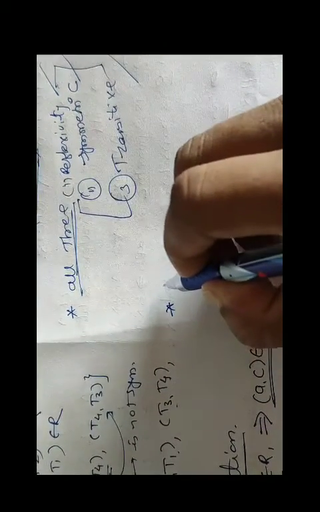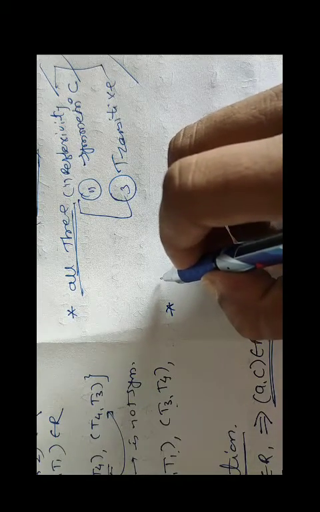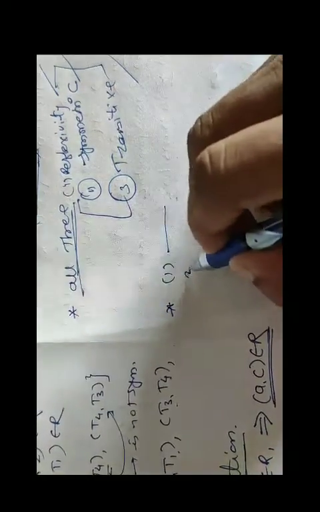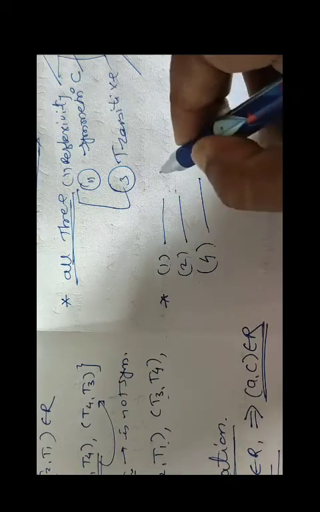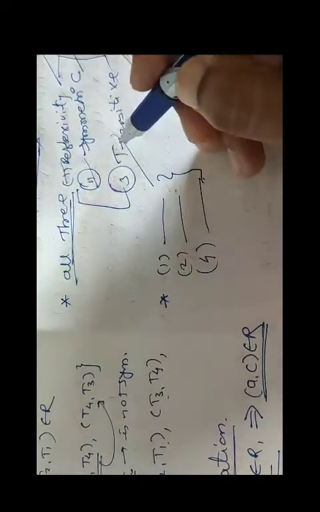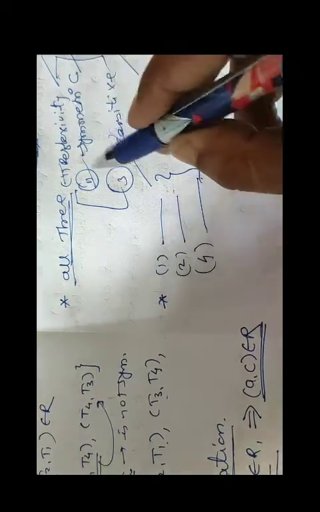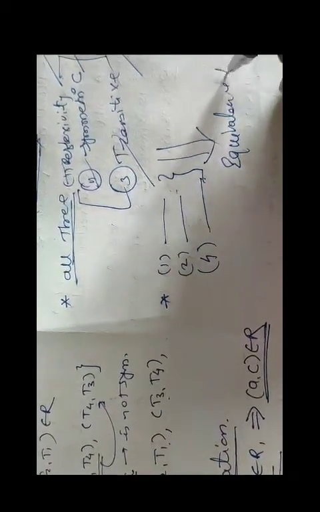And we observe that all these previous examples, first parallel line, second perpendicular line, and congruent triangle, satisfy all these three properties: reflexivity, symmetry, and transitivity. Therefore these are examples of equivalence relation.